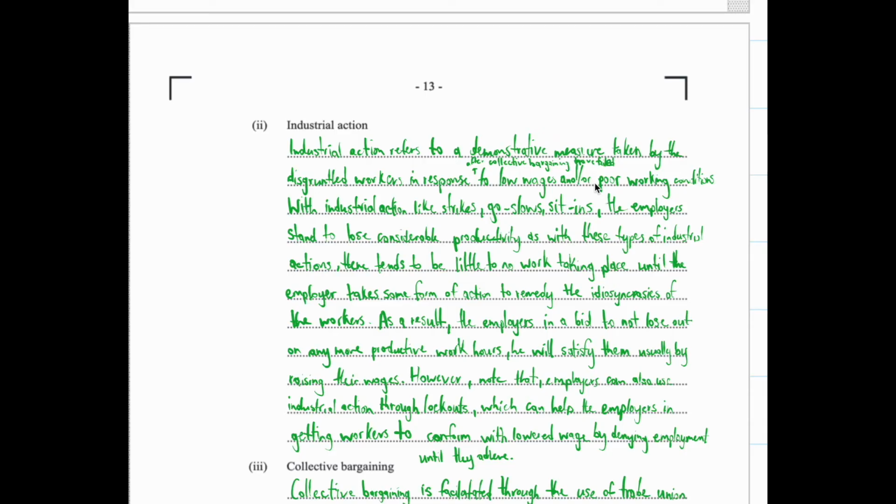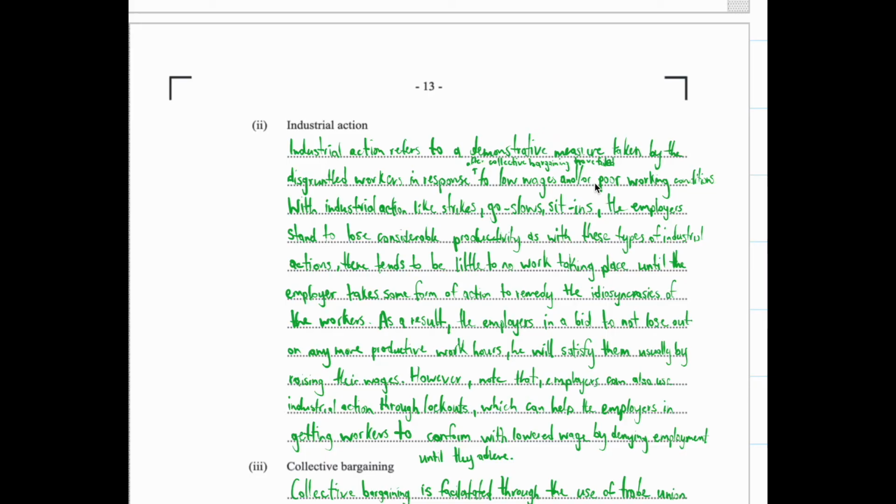The employers stand to lose with these industrial action measures. They stand to lose considerable productivity, as with these industrial actions there tends to be little to no work taking place until the employer finds some form of action to remedy the grievances of the workers. So if they want an increased wage, better working conditions, more coffee, whatever they want.